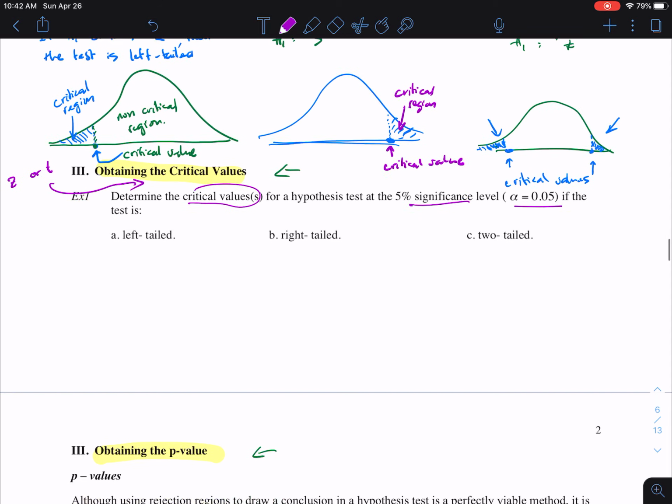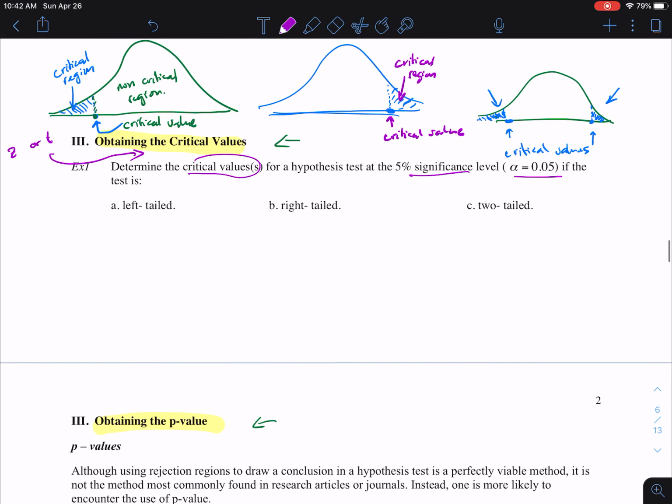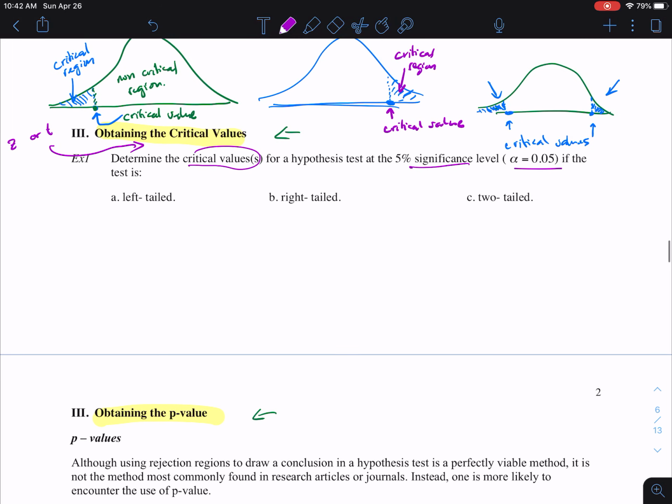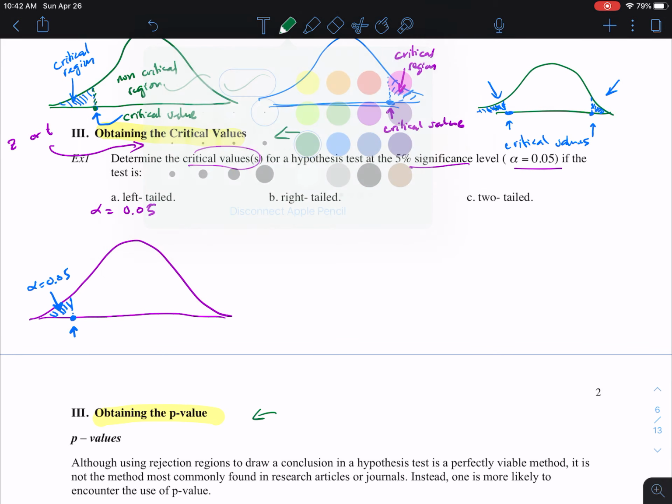Okay, so if it's a left-tailed test, given alpha is 0.05, then our critical value will be on the left side of the graph. So this is our alpha, 0.05. This is the critical region, and this is the cutoff value. So this is going to be our critical value here: Z equals negative 1.645.